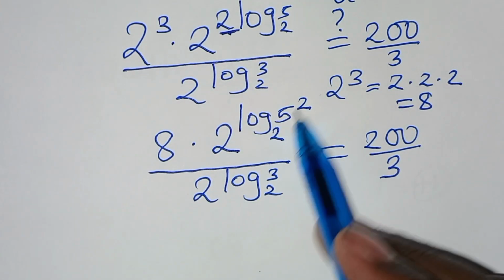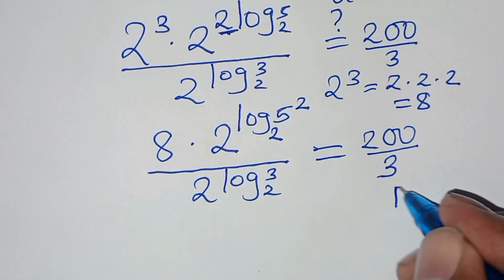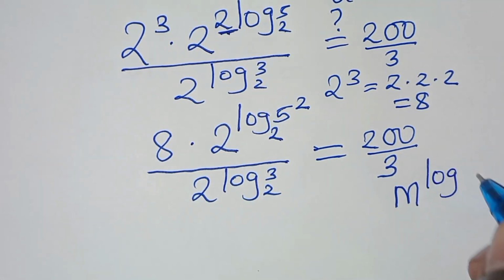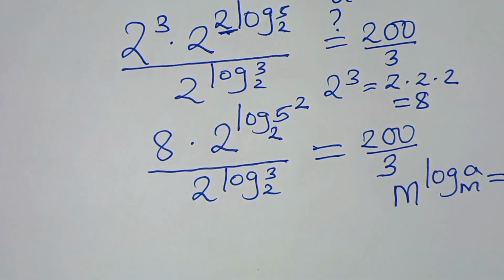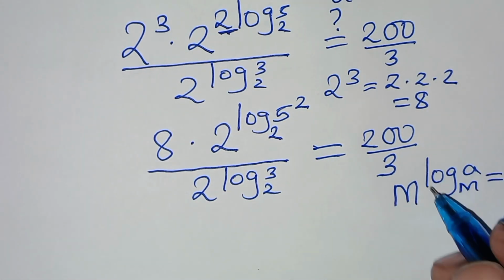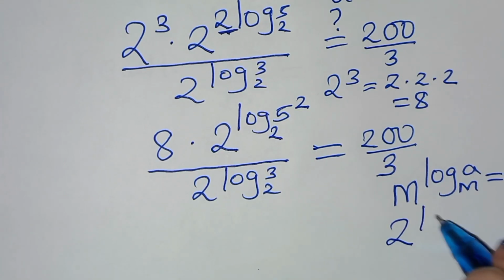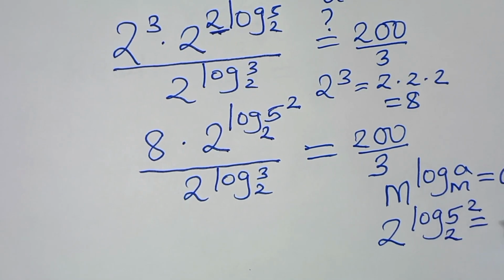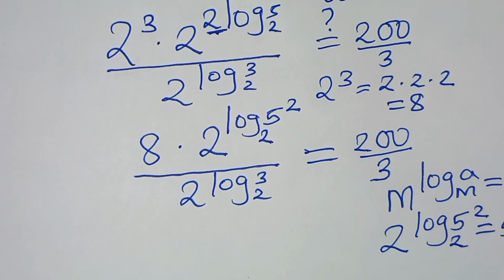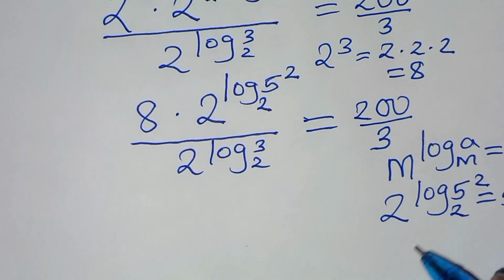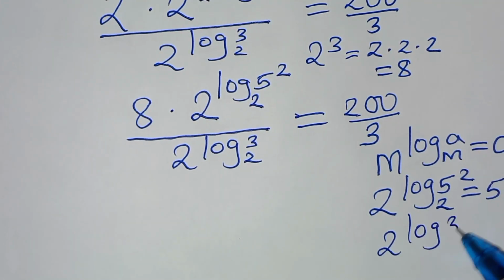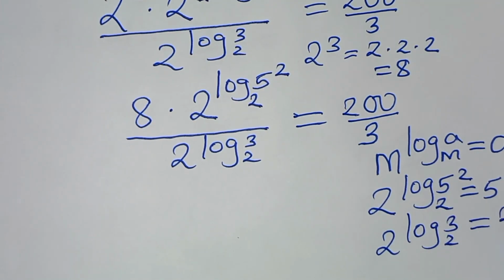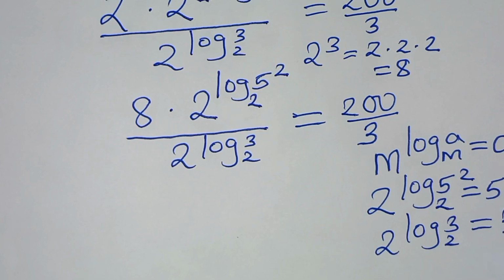So 2 to power of log 5 squared to base 2. This is in the form of m to power of log a to base m, which is equal to a. So applying this logarithm property, 2 to power of log 5 squared to base 2 is the same thing as 5 squared. And 2 to power of log 3 to base 2 is the same thing as 3. So let's substitute this.